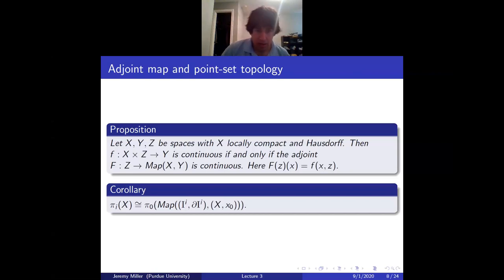So what you can think of is you can think of this mapping space as a group up to homotopy, which then gives pi 0 a group structure, and then this is an isomorphism of groups, if you want to think about it that way.